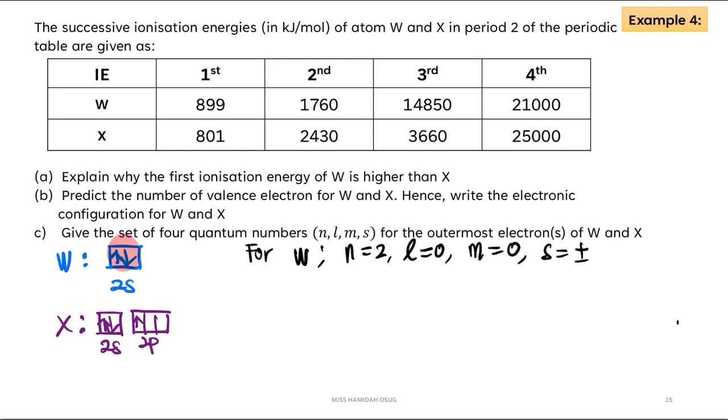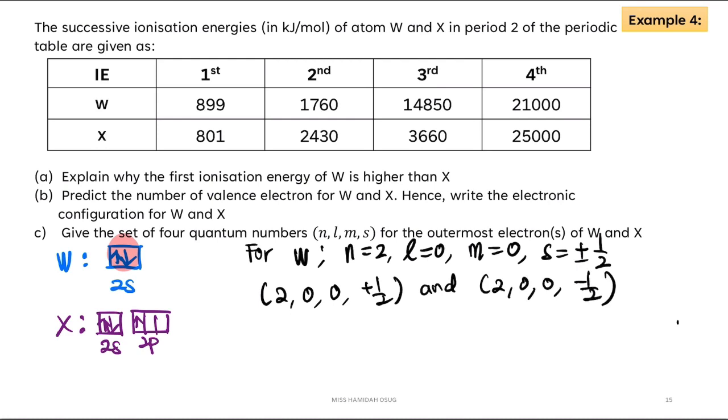Bila l sama dengan 0, m sama dengan 0 dan s akan jadi positive or negative half. So the first set of quantum numbers is 2, 0, 0, positive half and the second is 2, 0, 0, negative half. So dia akan ada 2 set of quantum number di sini sebab W pada orbital 2s dia ada 2 elektron.